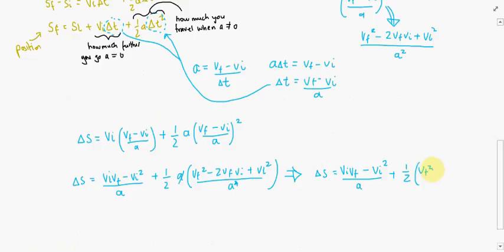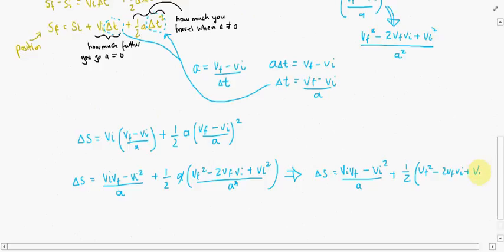Vf squared minus 2VfVi plus Vi squared, and all of that over just a, because the a squared cancelled with the other a on the outside.